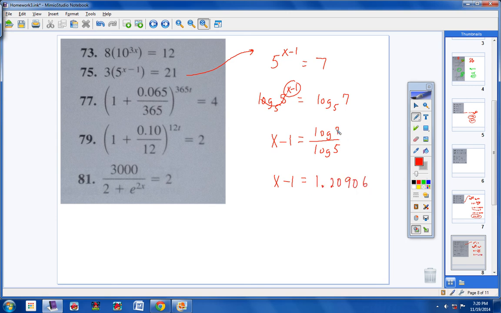Okay, type this into your calculator, bring the 1 over, make it a +1, and you get 2.209. That's number 75. Okay, moving on to number 77.